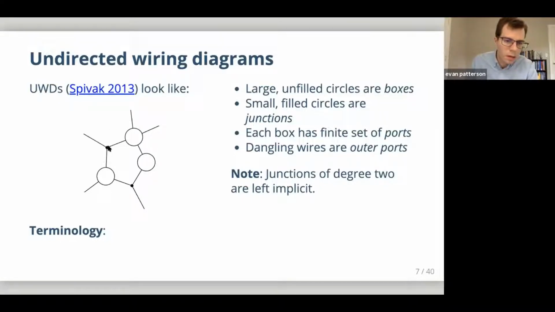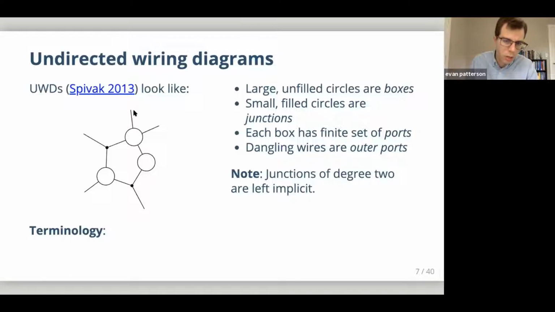So they have these large unfilled circles, which we call boxes, and there are also these small circles that are junctions. Each box has a set of ports, and the ports are connected to junctions.